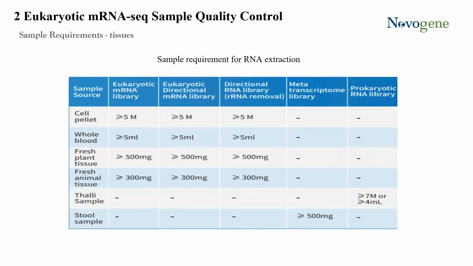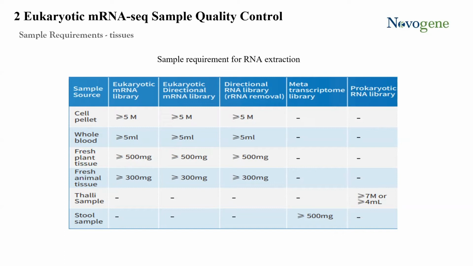Here is a table showing the different sample sources that we accept, and on the top you see the different kinds of library preps that we offer and the sample requirements. For cell pellet samples, we recommend submitting greater than or equal to 5 million cells for the non-directional library, as well as the directional mRNA library and the ribosomal depletion library.